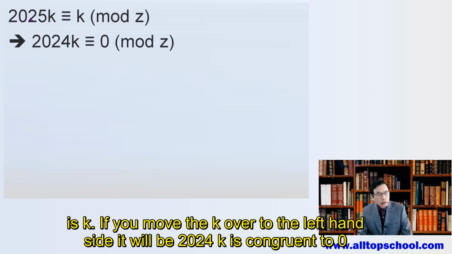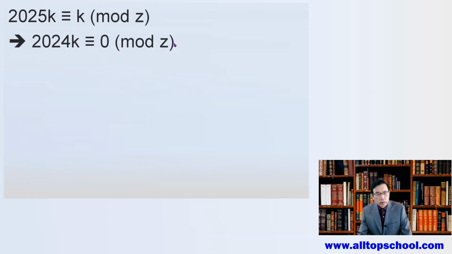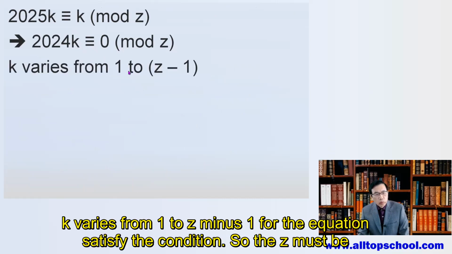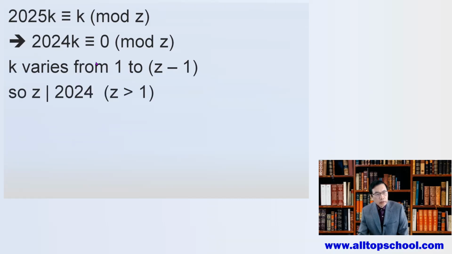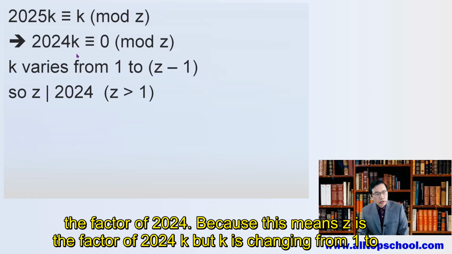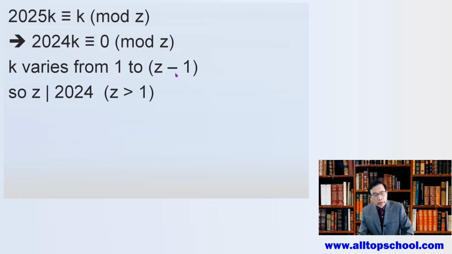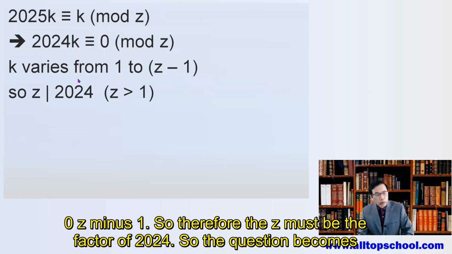If you move the k over to the left-hand side, it will be 2024k is congruent to 0 modulo z, with k varying from 1 to z minus 1 for the equation to satisfy the condition. So z must be a factor of 2024, because this means z divides 2024k, but k is changing from 1 to z minus 1. Therefore, z must be a factor of 2024.